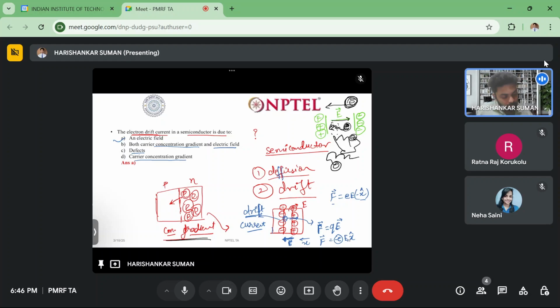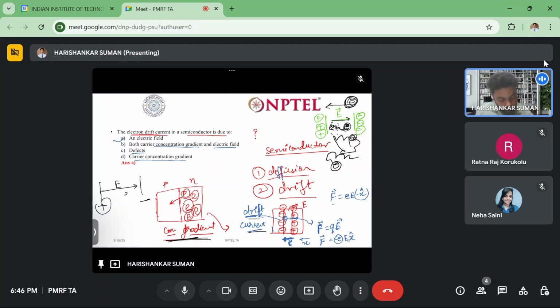A concentration gradient gives the diffusion current, but for an electric field, let's say we have plus and minus, so the electric field is from positive to negative.